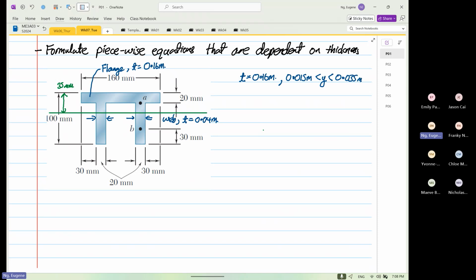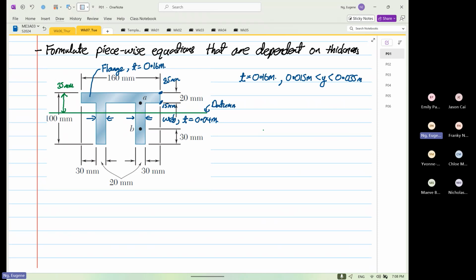Why is that? Remember, this is our datum. This point over here is our 35 millimeters, and this point over here is our 15 millimeters.